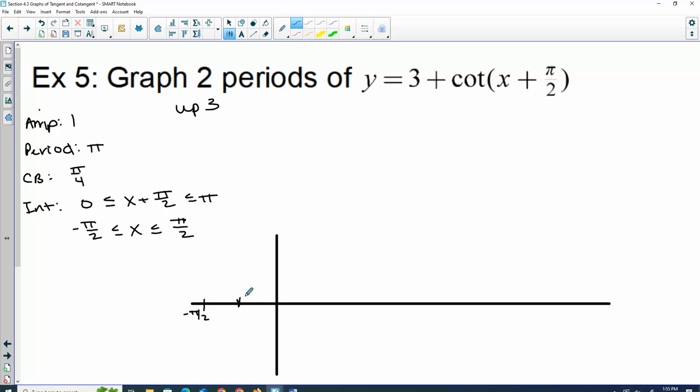Starting at negative pi over 2, if you add your count by, that's negative pi over 4. Add your count by and you get 0. If it doesn't land on 0, you don't have to put a point there. Plus pi over 4 is pi over 4. Plus pi over 4 is pi over 2.